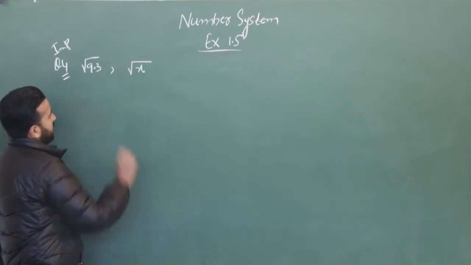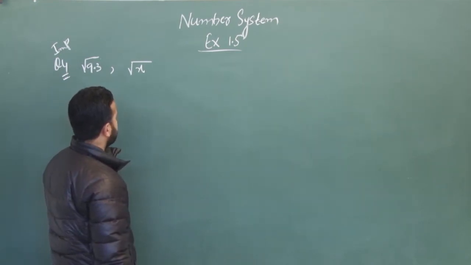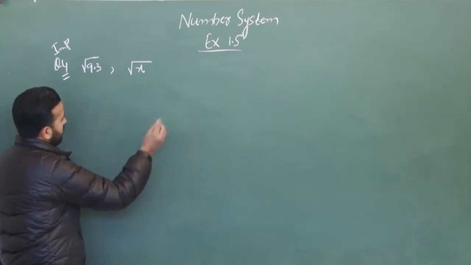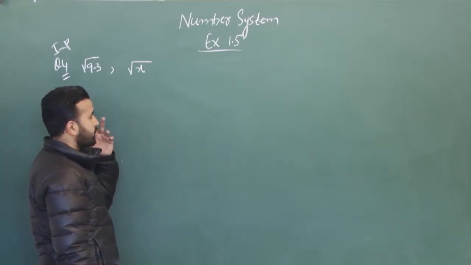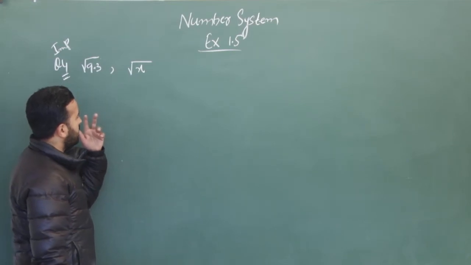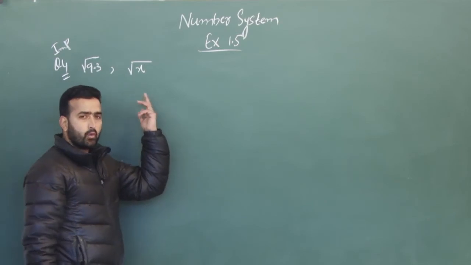Let us try to understand the number x which is in the radical form. First of all, let us see the geometrical interpretation of it. Then we are going to give the mathematical justification to the result, that is under root x.